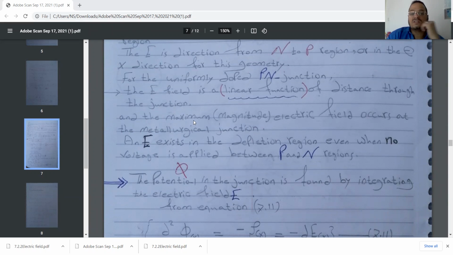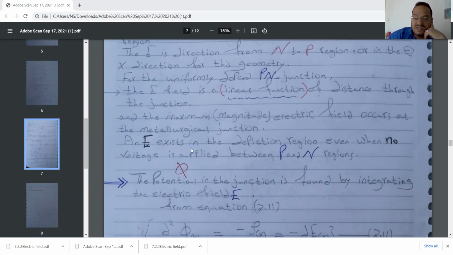Here, the electric field is a linear function of distance through the junction. This is important, we must note that. A linear function through the junction, okay? The maximum magnitude of the electric field occurs at the metallurgical junction.